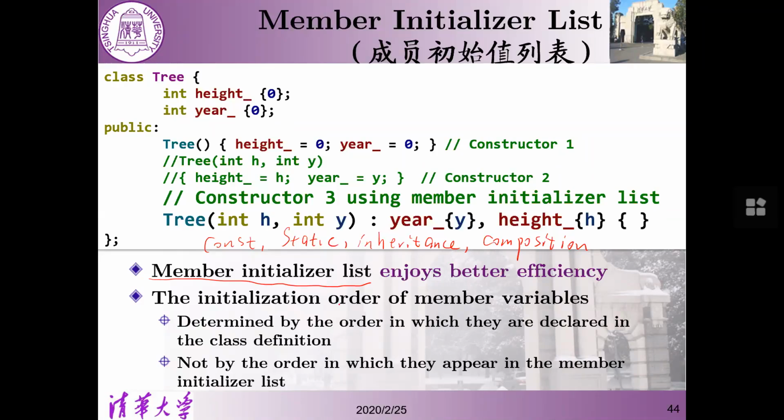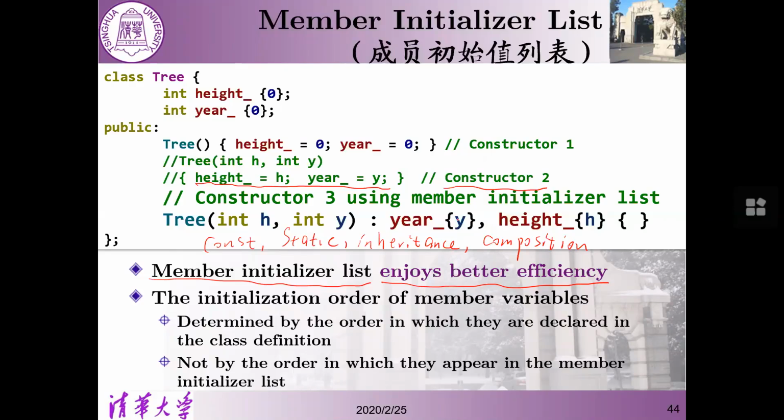Another thing that I want to say is better efficiency. If we use constructor 2, because the members are initialized in the function body, the member variables are first created and then assigned a value. So there are 2 operations.